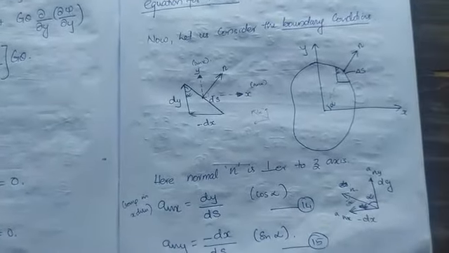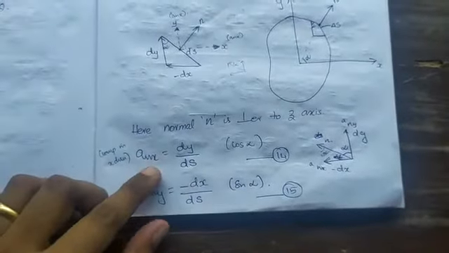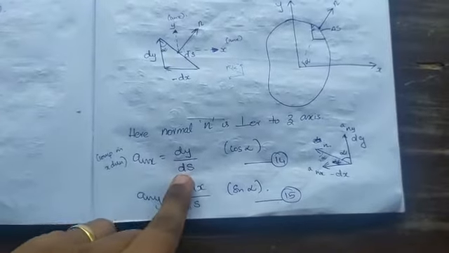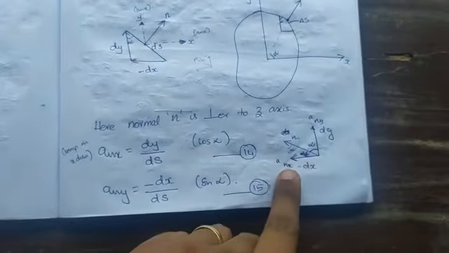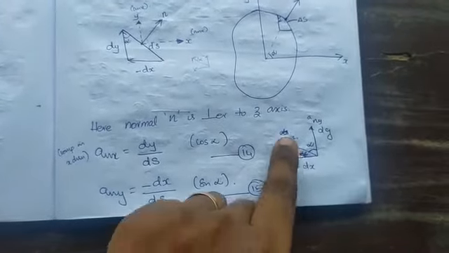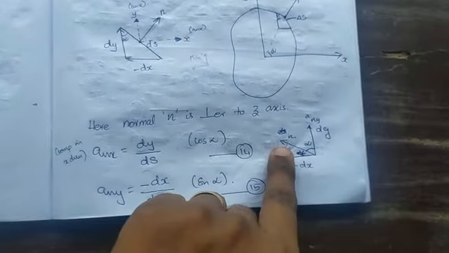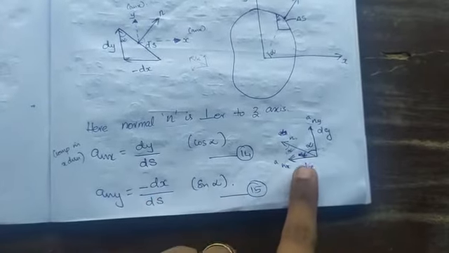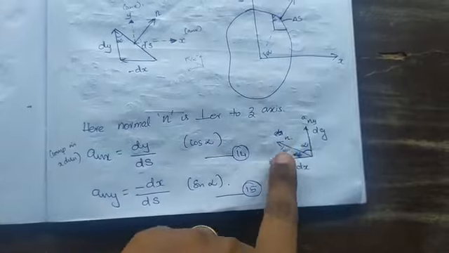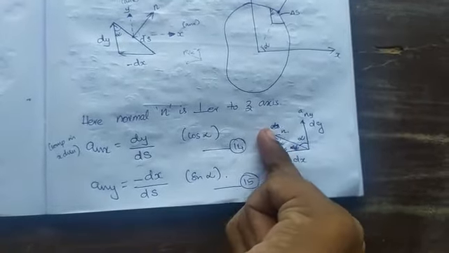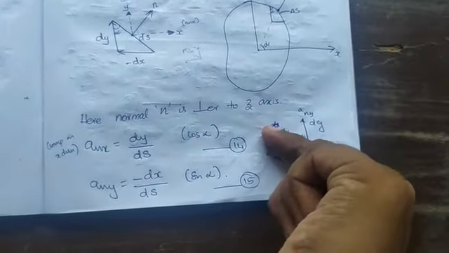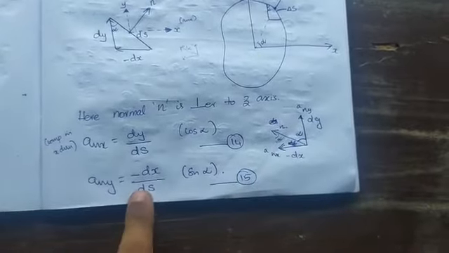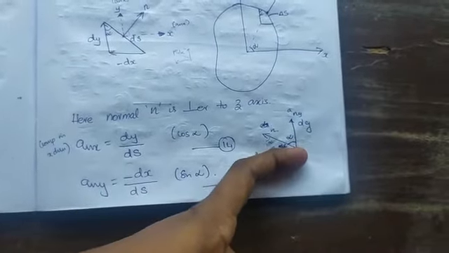So here nx is dy by ds. If this is alpha, then nx will be dy by ds, and ny is minus dx by ds, because this is opposite.